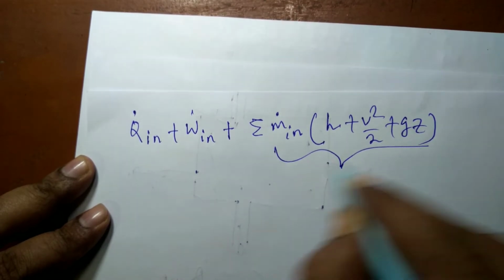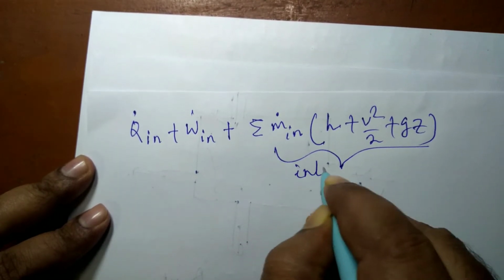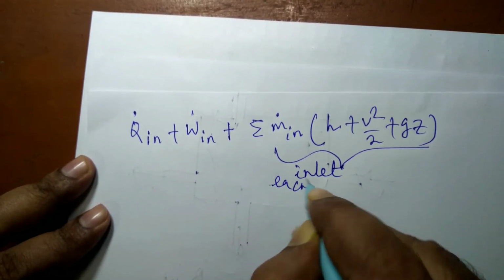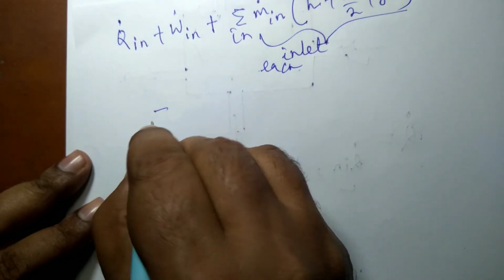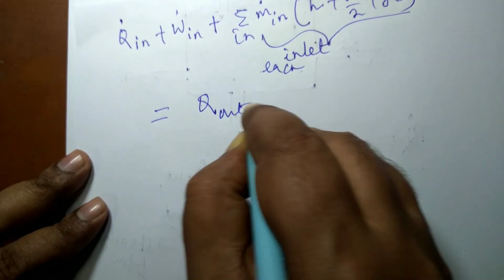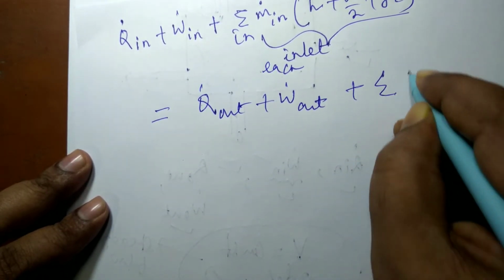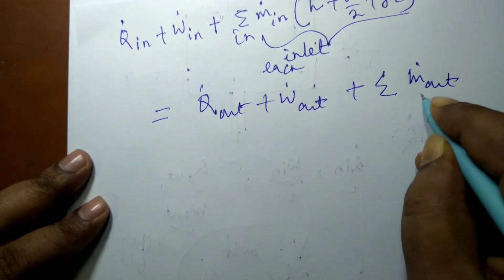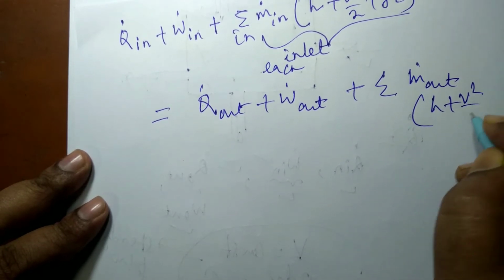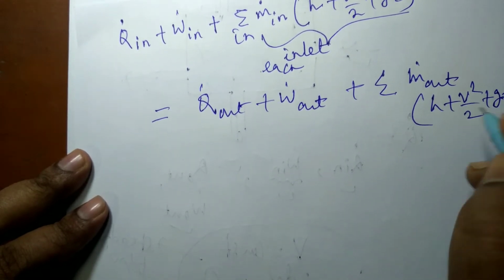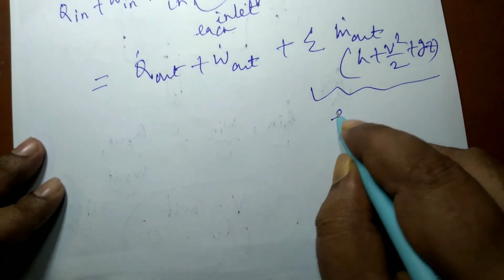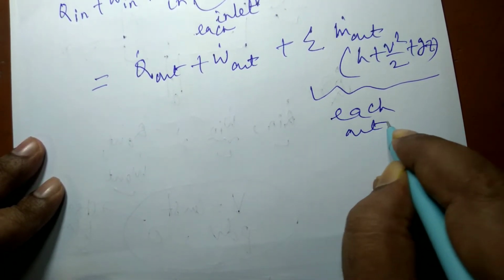This is for each inlet, equal to Q dot out plus W dot out plus sigma m dot out (h plus V square by 2 plus gz). This is for each outlet.